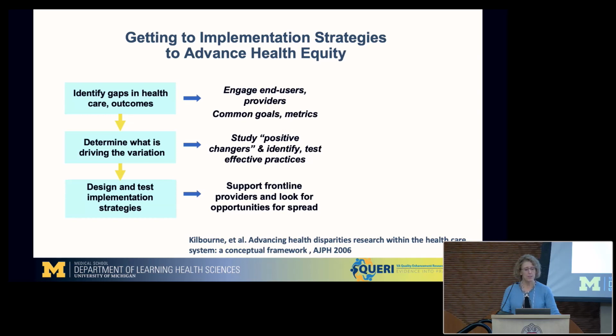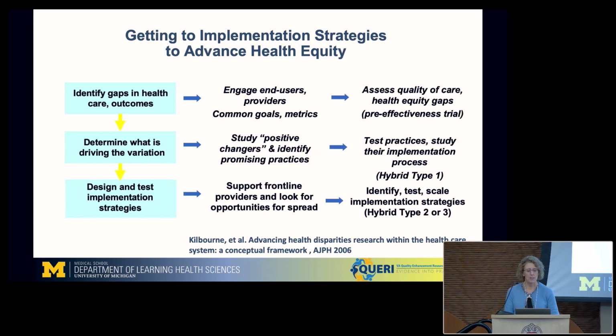And then during the design and test implementation strategy phase, that's like a hybrid type 2 or 3 design, that's where you support frontline providers and look for opportunities for spread. And so ways in which you can measure this include access, quality of care and health equity gaps. That's your measure of impact for the first phase.